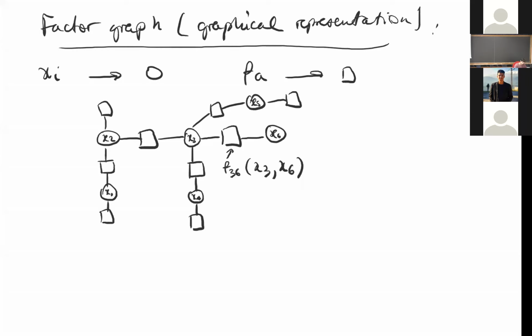This will be a function of x5 only, so we call it f5, and so on and so forth. So even if you don't know the precise form of these functions, you know at least the dependency structure. And this is what is actually important.